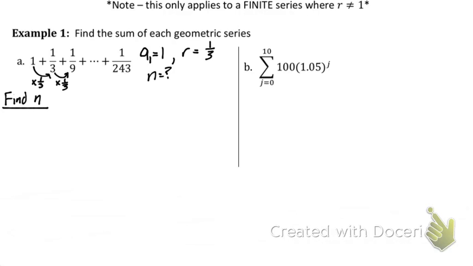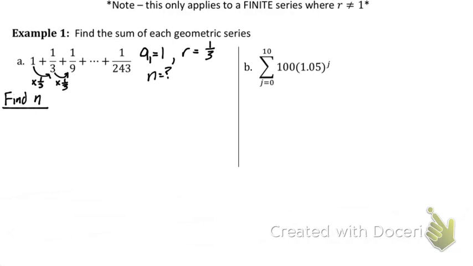If you take 243 divided by 3, what do you come up with? 81. We're basically multiplying our denominator by 3. There's no way I can multiply it by 3 that many times. So we could honestly say my next term is 9 times 3 times 3 times 3. And if I'm on a test and that's all you can do to get the number of terms, then by all means do it.